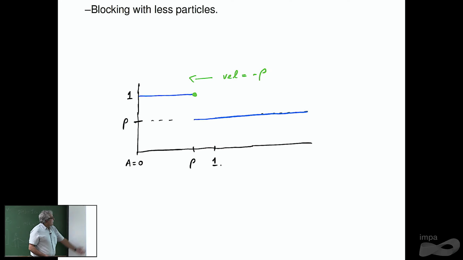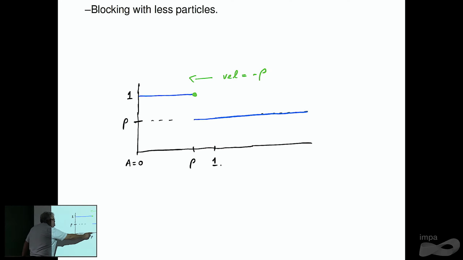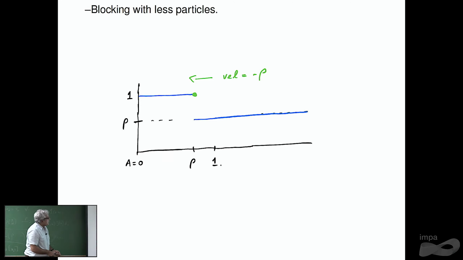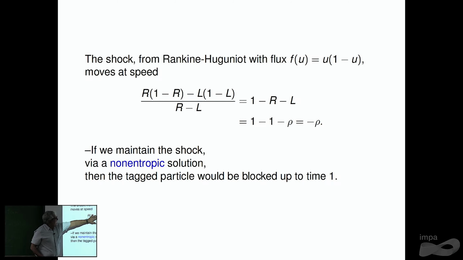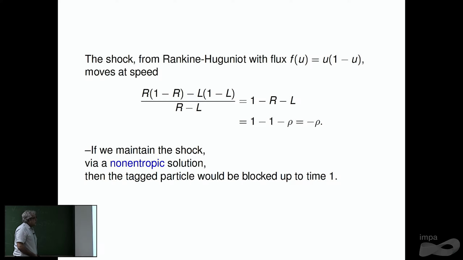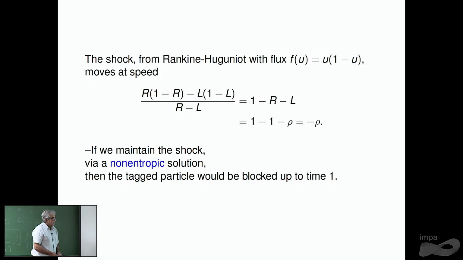Okay, but you can actually block with less particles. So you just block up to rho. And then you ask, how are you evolving? You're not evolving by a rarefaction wave. If you did, this would get here before time 1. So what you do is you maintain the shock. There's a shock speed which you can calculate. It's minus rho, and then you maintain that shock.